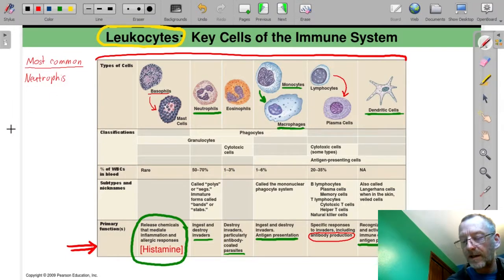And then are the lymphocytes. Be careful that you don't confuse lymphocyte with leukocyte. All of these are white blood cells. They are all leukocytes. One type of leukocyte are the lymphocytes associated with the lymph system. Then the monocytes.